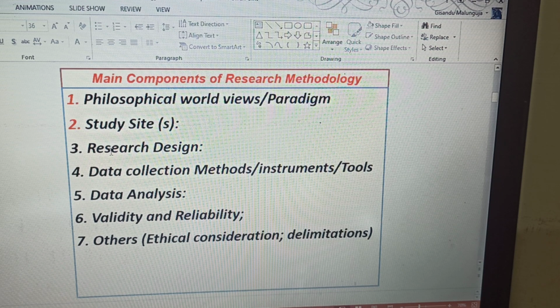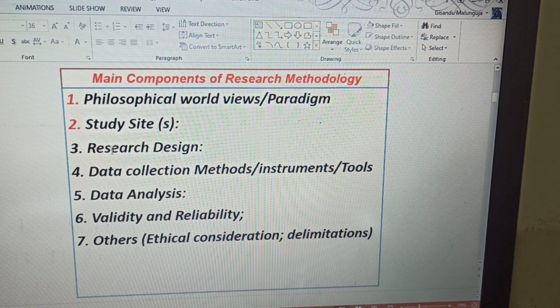There are some studies, particularly social-related studies, psychological-related studies, and educational-related studies, where they should have a certain philosophical point of view.